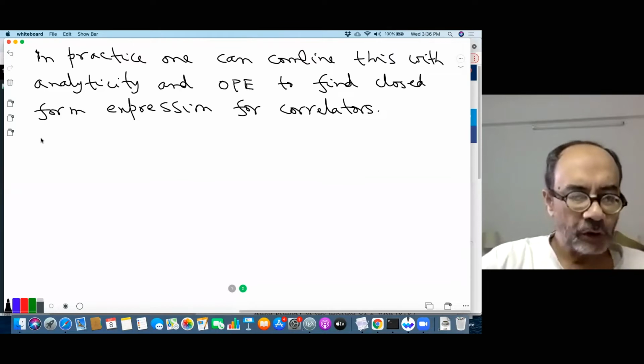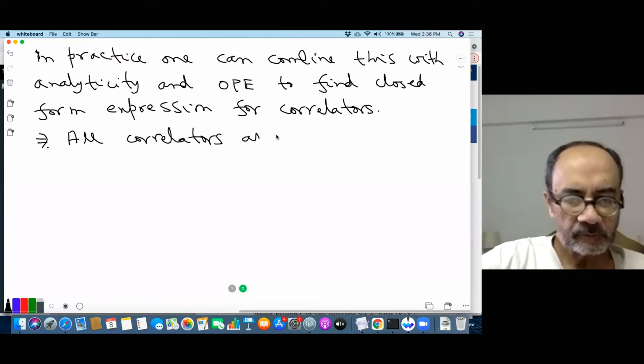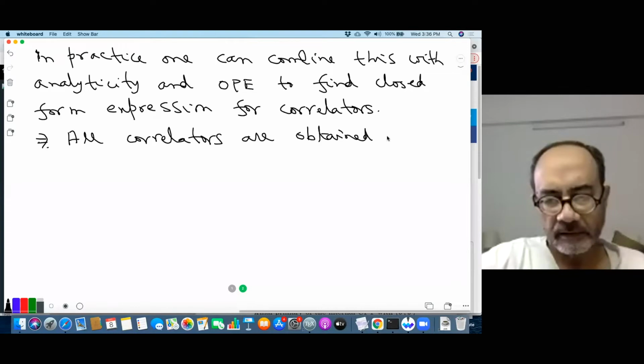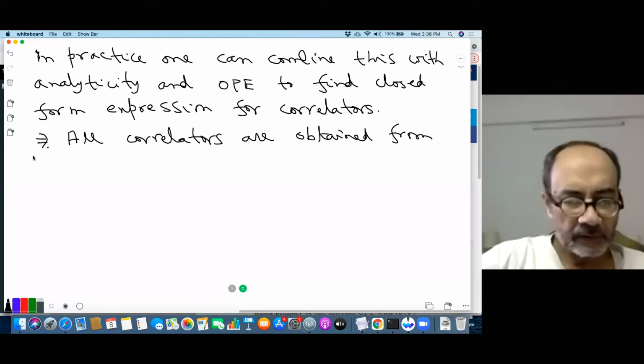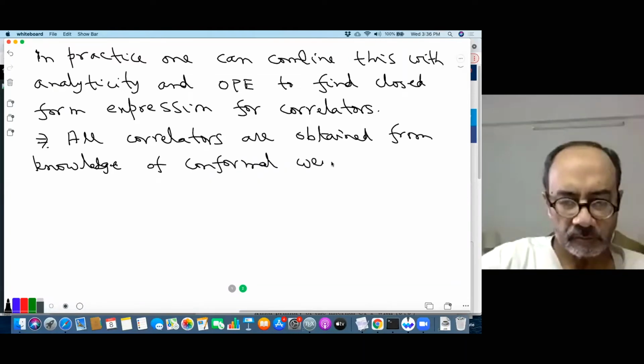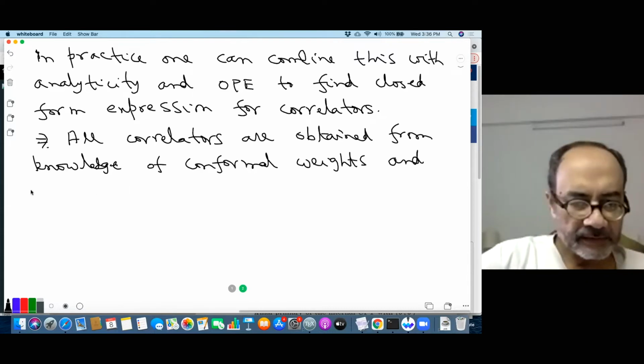And this also says something else, that all correlators are obtained from knowledge of conformal weights and the sphere 3-point function.